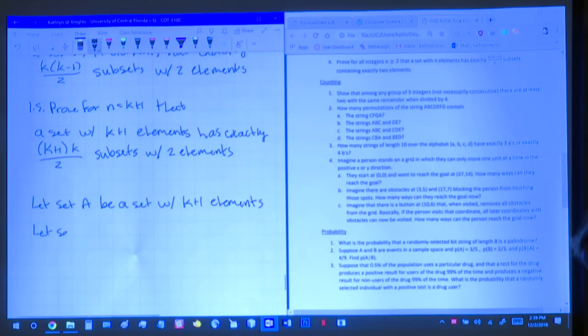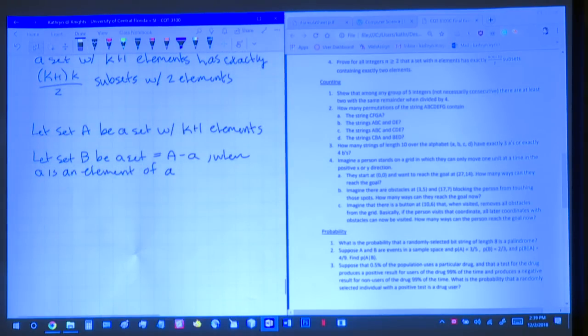Let set B be a set that is equal to A minus a, where a is an element of A. So now B is a set with k elements.